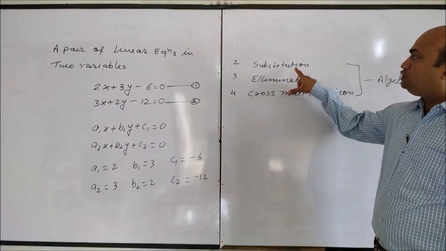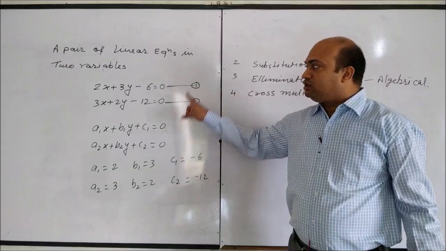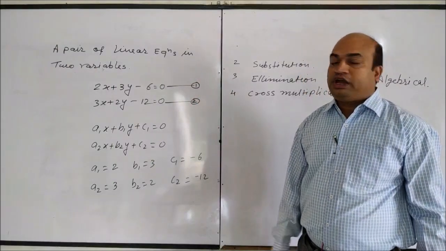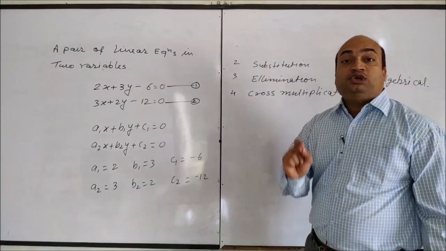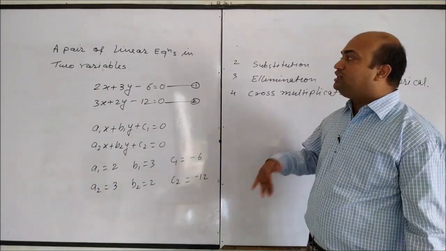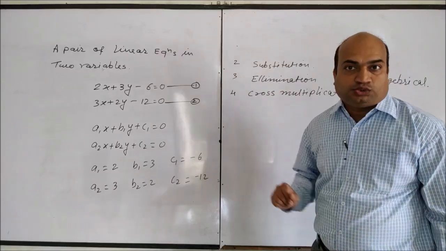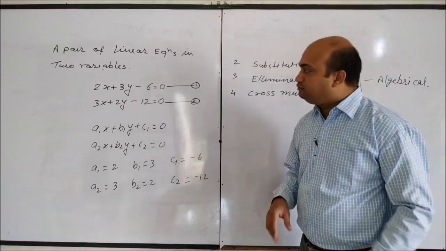If we want to use the substitution method, out of the 2 equations, 1 we select, and from that equation we will find the value of any variable. Either we select equation 1 or 2 and we find either x or y.